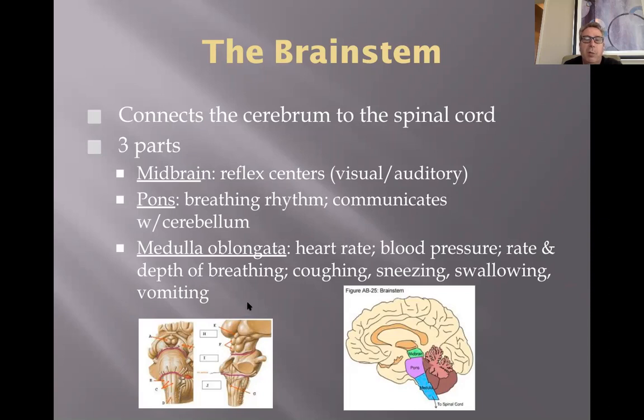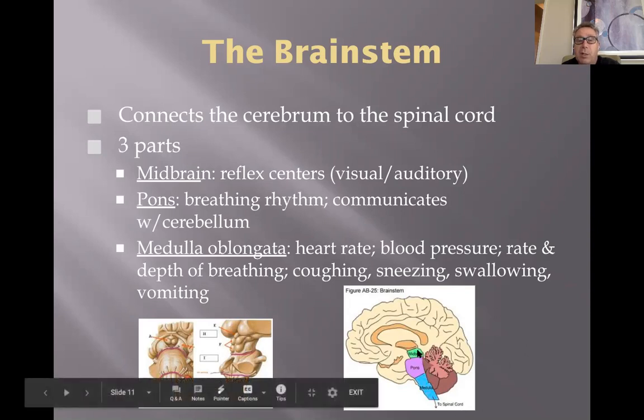And the medulla oblongata controls the heart rate, blood pressure, rate and depth of breathing, coughing, sneezing, swallowing, and vomiting. Okay, so you can see the green areas here. So we have the midbrain, the pons, and then the medulla oblongata. And you can see that the pons is connected to the cerebellum right here. So this is where that communication takes place.